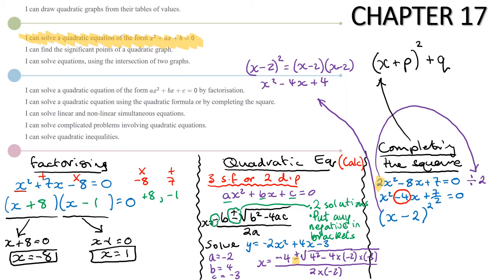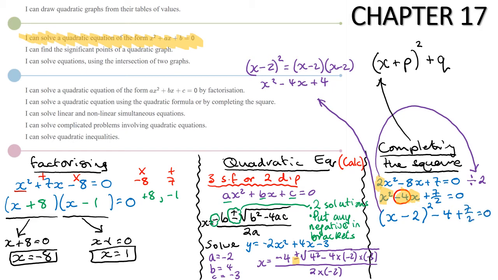Now can you see that that works? It makes the x squared, which is what I want, it makes the minus 4x, which is what I want, but it gives me the number 4. I actually want 7 over 2. So we take away 4, so you take away the number that this gives you, which is 4. I don't want 4, I want 7 over 2.